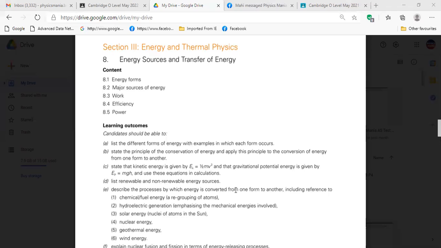But non-renewable energy has some positive things also, like it is reliable. How reliable? That means whenever we need, we can use them, right? Yes, sir. That's why non-renewable energy is reliable. We can rely on them.